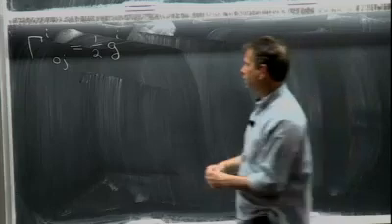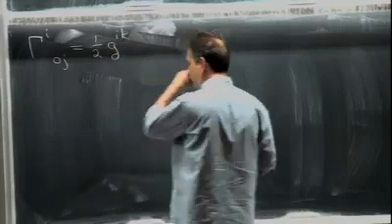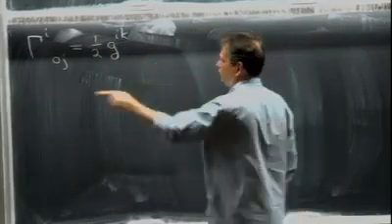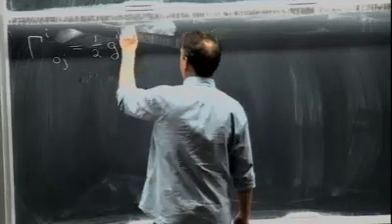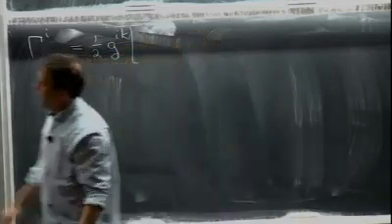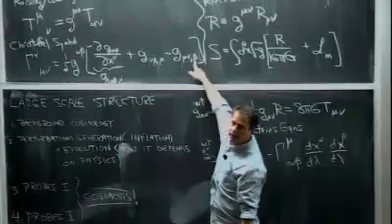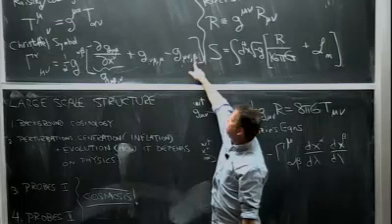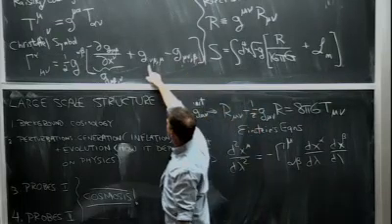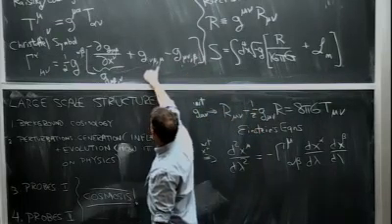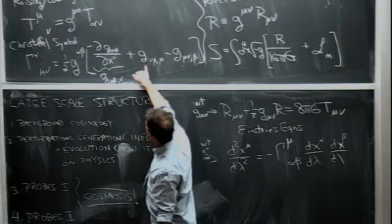Let's call it k, to remind ourselves that it's a spatial index. And then everywhere we see a beta on the bottom there, we'll just call it k. Now in this case, the derivative with respect to xk vanishes. Why? There's no spatial dependence to the metric.